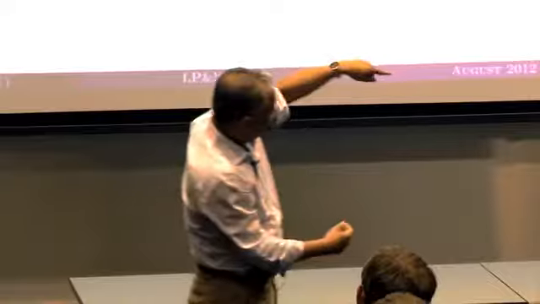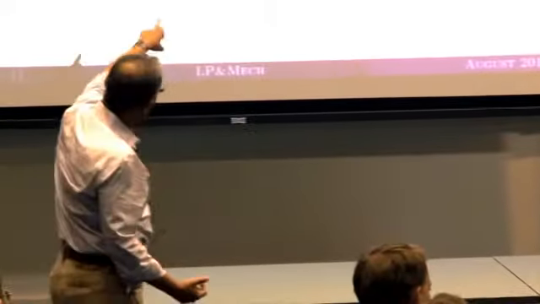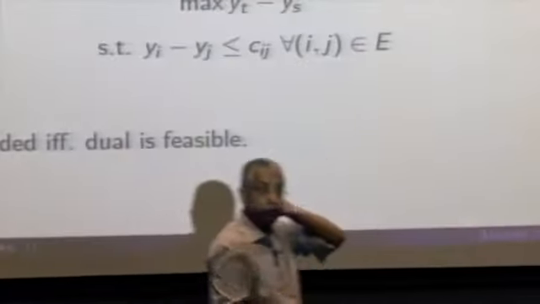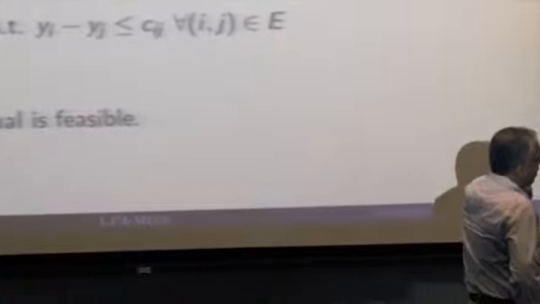Right? Because the vertex T should occupy the lowest possible position. That's the max y_t. Okay? And everything else is constrained to lie by the lengths of the edges that are going to it. Okay? So one interpretation of the y's is that they're potential energies in this particular physical system. Okay?